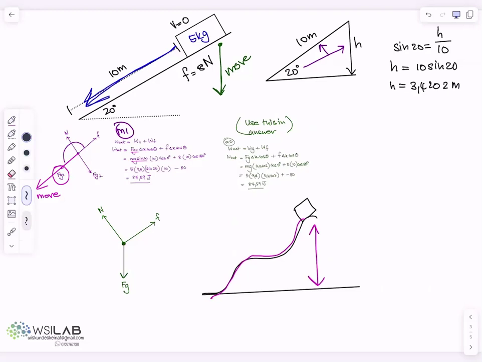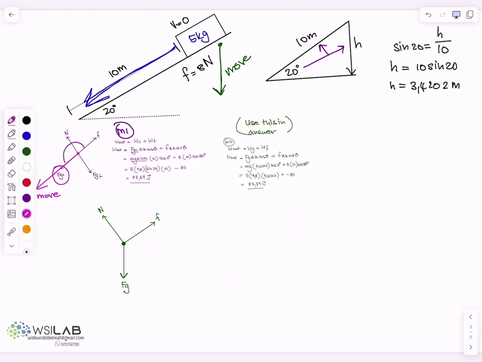Okay, last method, and then we finish for the day. You're going to make this blue. Method 3. And I'm going to draw a little face like that, because very few students like this method. I'm going to make the direction of movement there again. That's my direction of movement.